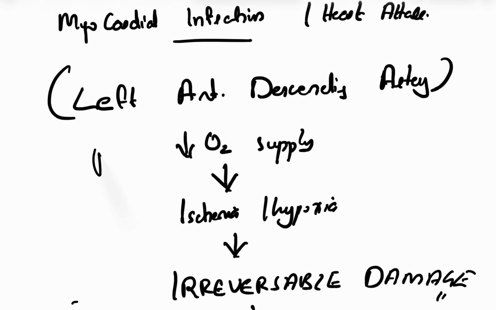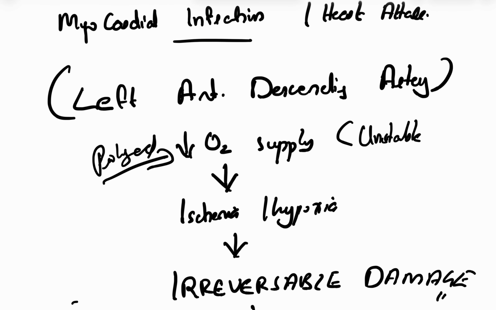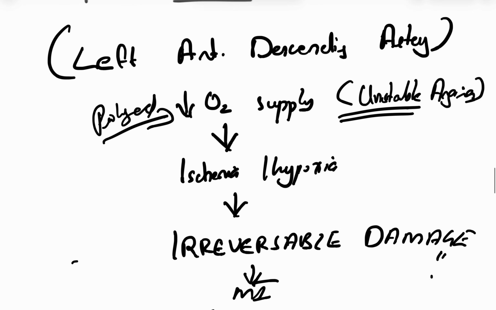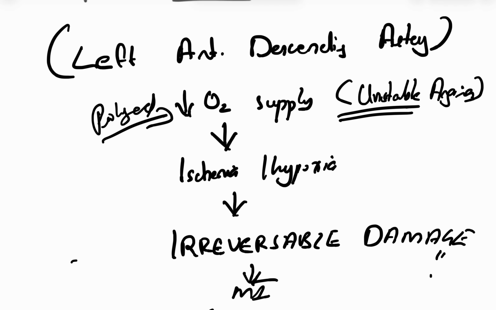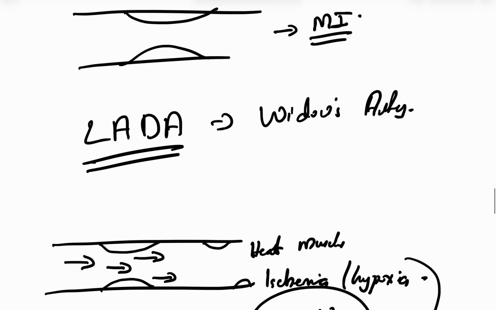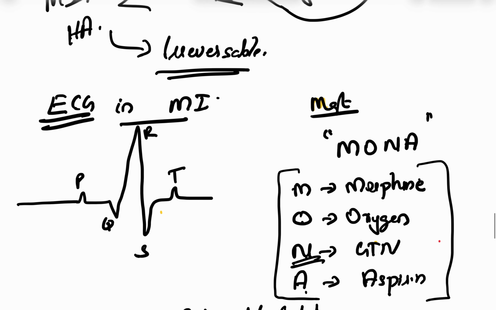The prolonged reduction in oxygen supply can be because of unstable angina. That is why unstable angina is a medical emergency: once a patient has unstable angina, it is very important to provide proper medical care as quickly as possible to reduce the chances of myocardial infarction.